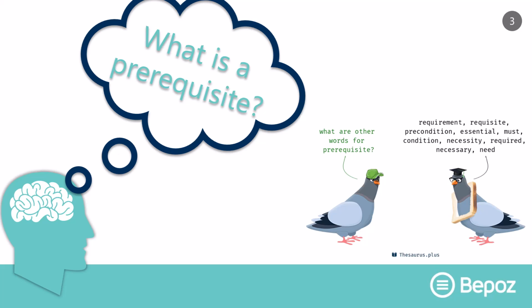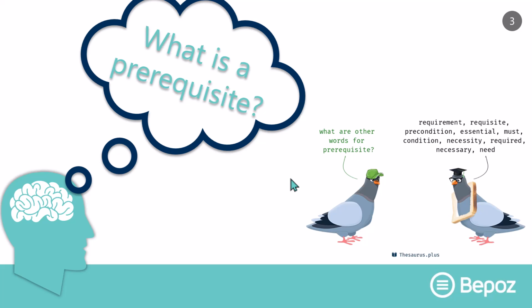As our little pigeons on the screen here are discussing, some synonyms for prerequisites are requirements, preconditions, essential, condition, necessary, etc. And to use a couple of Oxford Dictionary's definitions, as an adjective, a prerequisite is, quote, required as a prior condition. Their example sentence is, quote, the student must have the prerequisite skills, end quote.